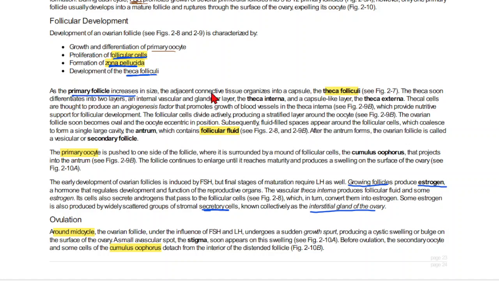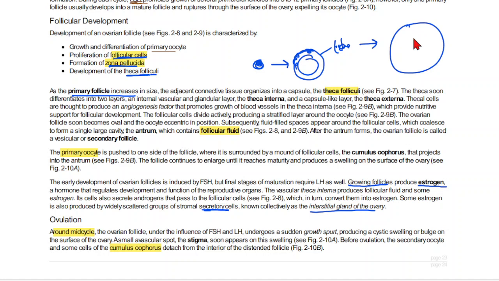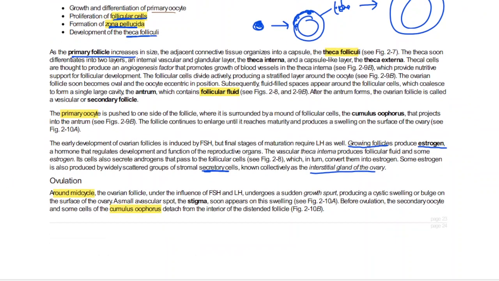So the primary follicle increases in size, and the connective tissue is organized into a capsule-like structure that is called the theca folliculi. After that, the theca folliculi converts into two layers, one is the theca externa, one is the theca interna. The theca externa and theca interna have two main functions.